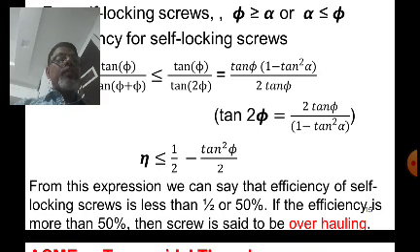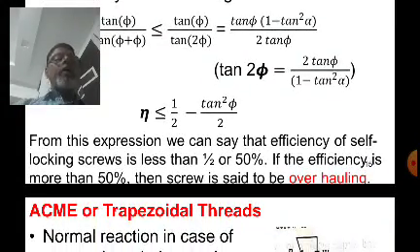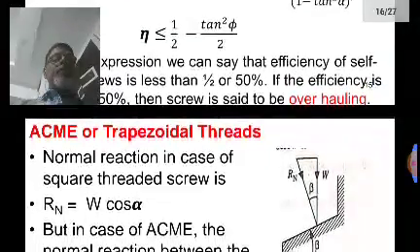If the efficiency is more than 50%, then the screw is said to be an overhauling screw, right? So that's why the efficiency of a self-locking power screw is always less than 50%.